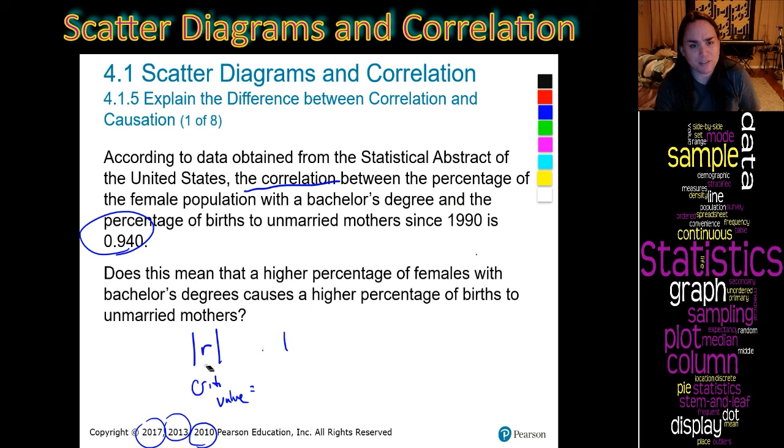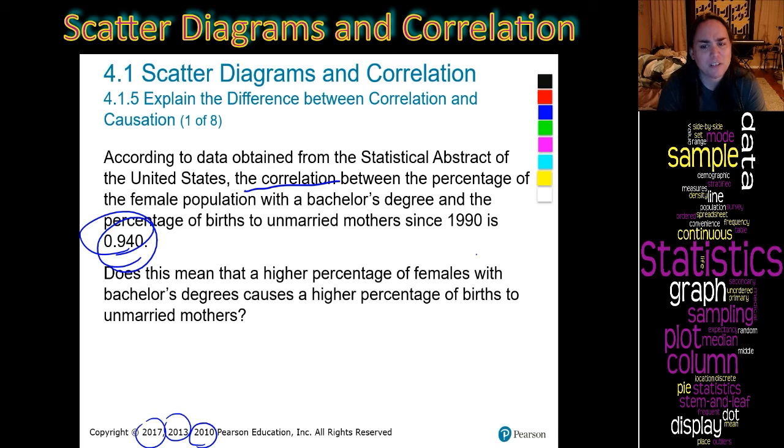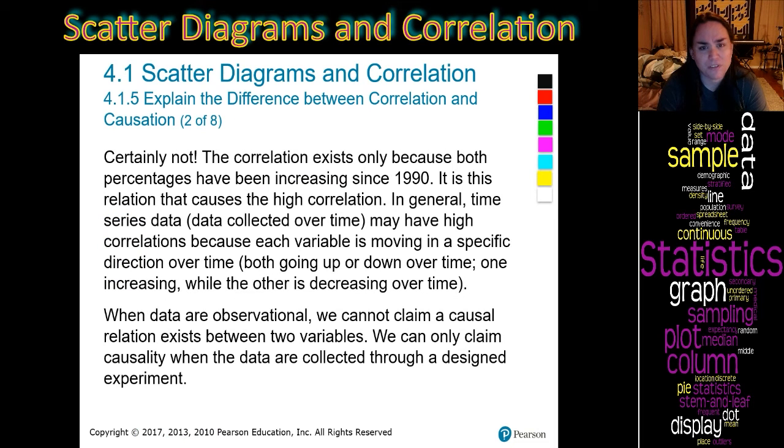The question says, since the value is 0.940, does that mean that a higher percentage of females with bachelor's degrees causes a higher percentage of births to unmarried mothers? Does one cause the other? Of course not. There is a correlation between both because both percentages have been increasing.